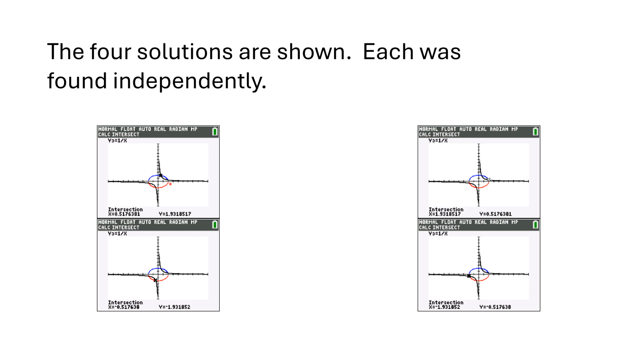Realize that if I go too far to the right, I'm going to end up finding this solution, which is here. And if I select the top curve and the bottom curve, y1 and y3, if I'm close to this solution, I will get this one. If I'm closer to the other solution, I'm going to get this one.